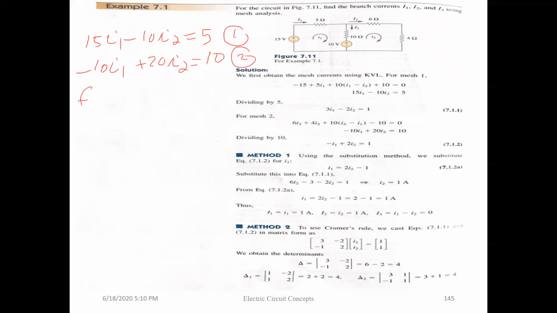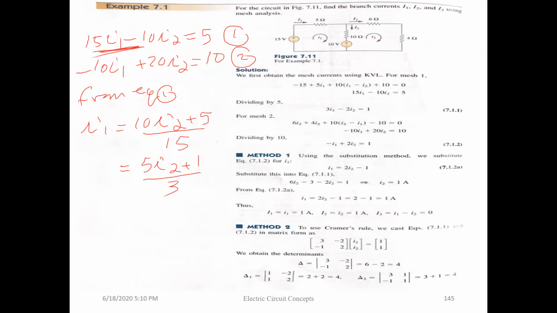From equation 1, I can find I1 is equal to (10I2 plus 5) over 15. We take minus 10 to the other side, it becomes a plus, and divide by 15 both sides. So this will be 5I2 plus 1 over 3. This is I1. Now I substitute for I1 in equation number 2.